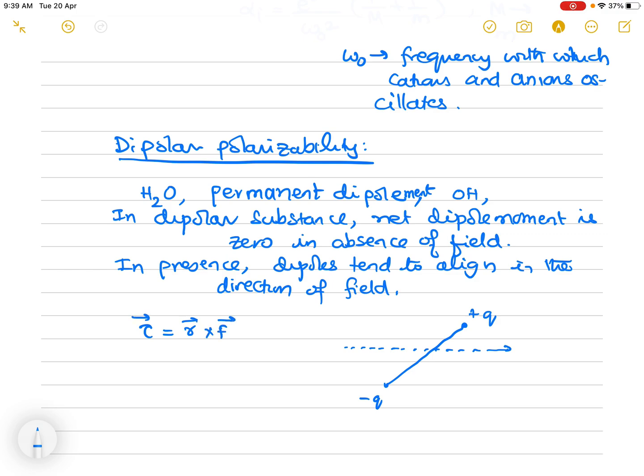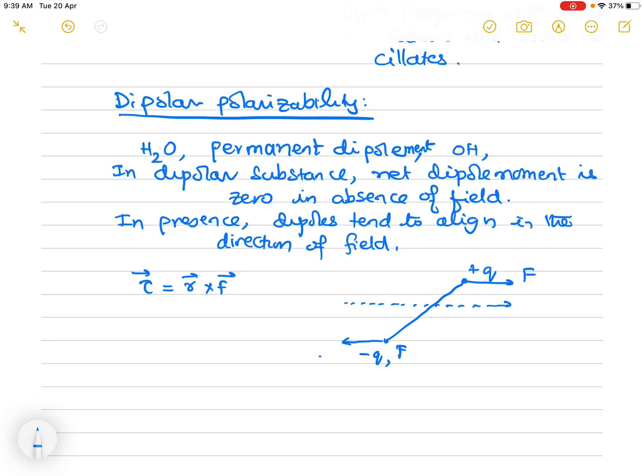The force acting on the positive charge would be pointing in the direction of the electric field, but on the negative charge it will be opposite. So the net torque in a uniform electric field is finite.